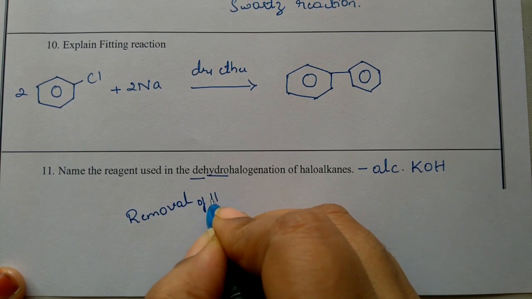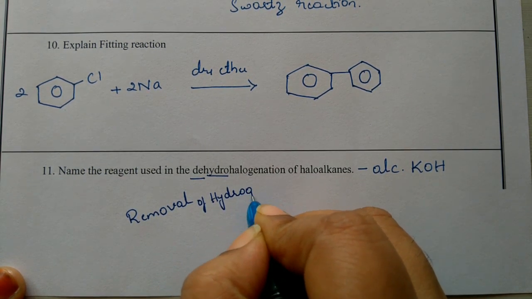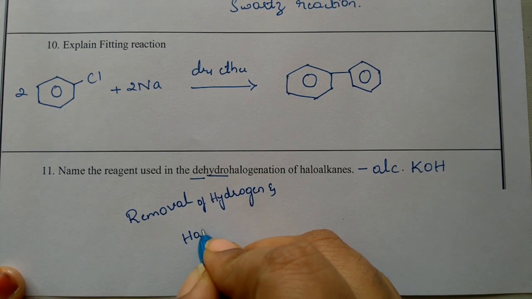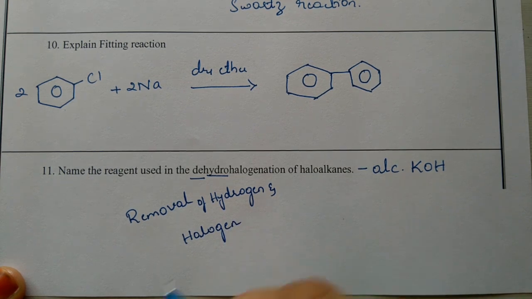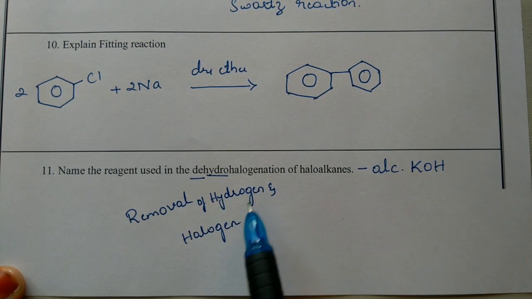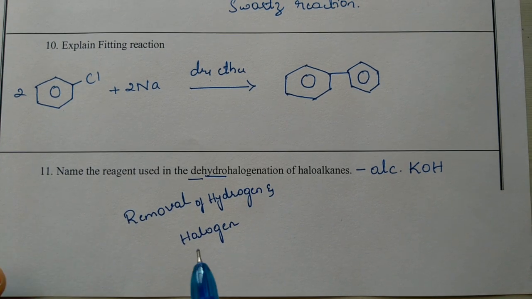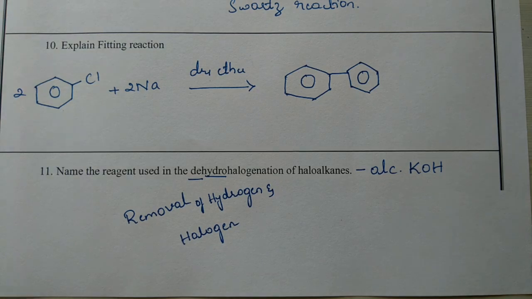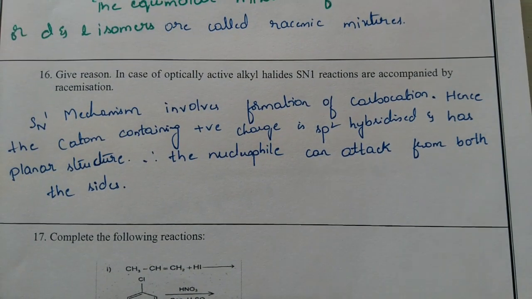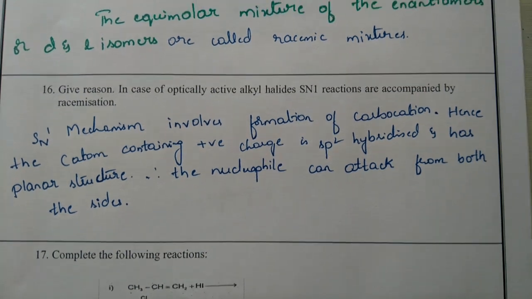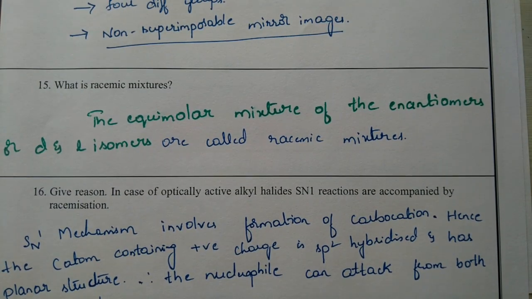Removal of hydrogen and halogen is called dehydrohalogenation of haloalkanes. From a haloalkane, one hydrogen as well as one halogen should be removed. Which halogen and which hydrogen has to be removed, that we are going to discuss now.